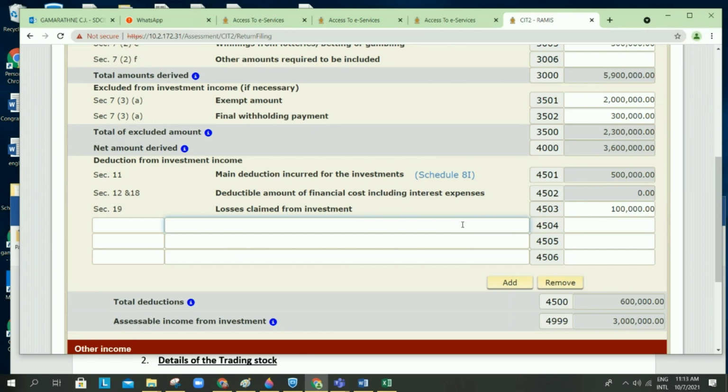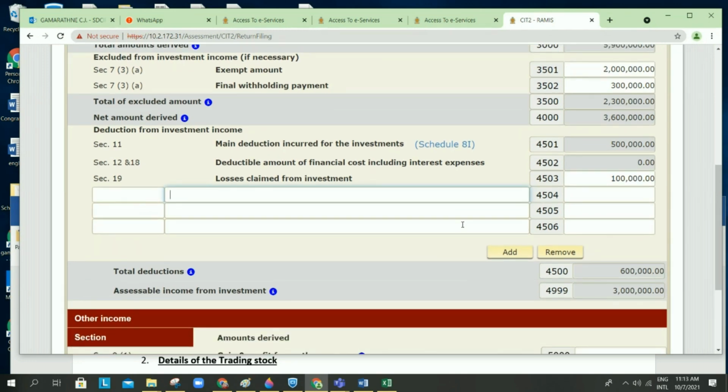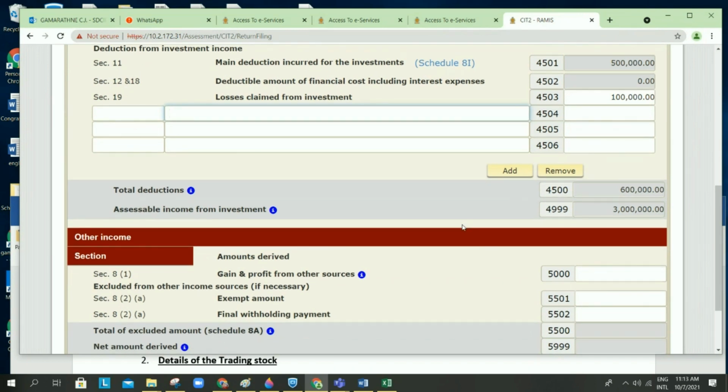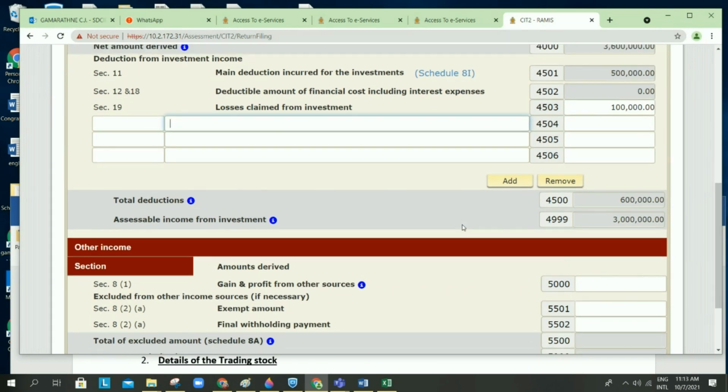At the same time we analyze with the accounts and identify what expenses you can categorize as the main deductions. This amount should be taken here, right? And there were no deductions for section 12 and 18. There's no finance cost related to this investment income.